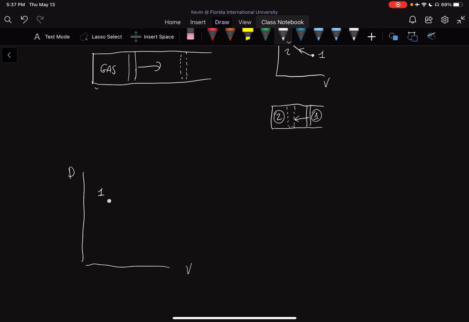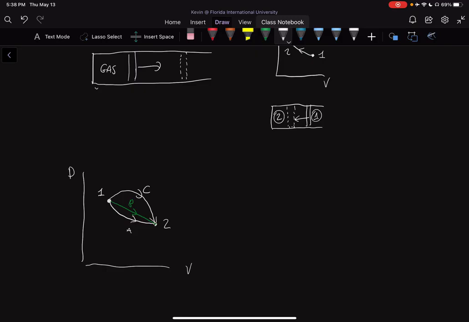The area could be different depending on the path. So from 1 to 2, we could have taken a path A, sort of like we showed before, or we could have taken a path B, which would lead us straight from 1 to 2. And we could have taken a third path called path C, for example. Okay, it really depends on the gas and how the system is going through this work. There's many different ways that the gas can expand.